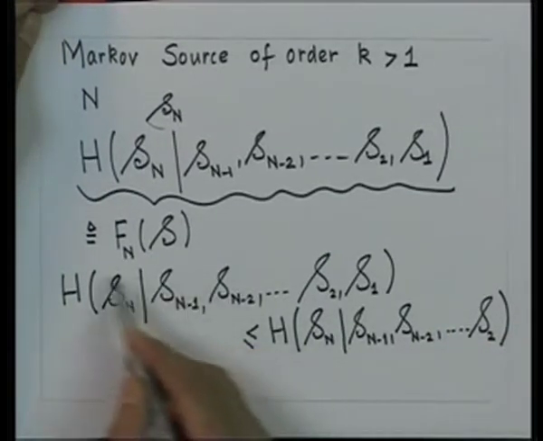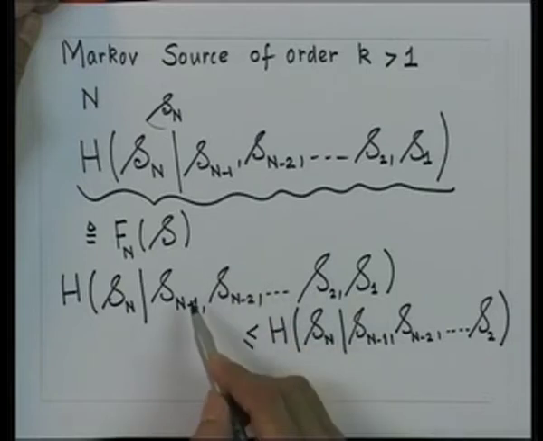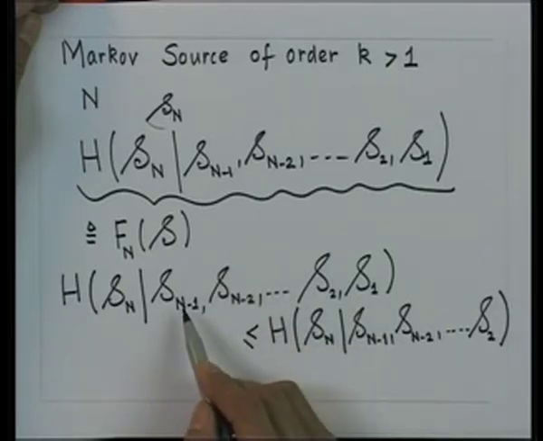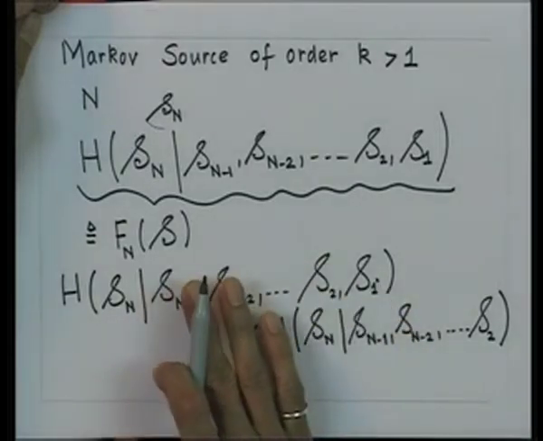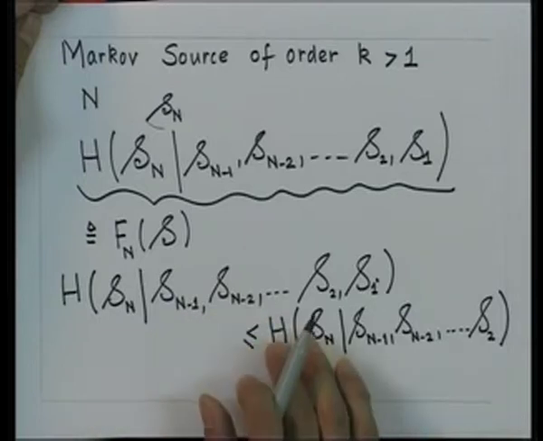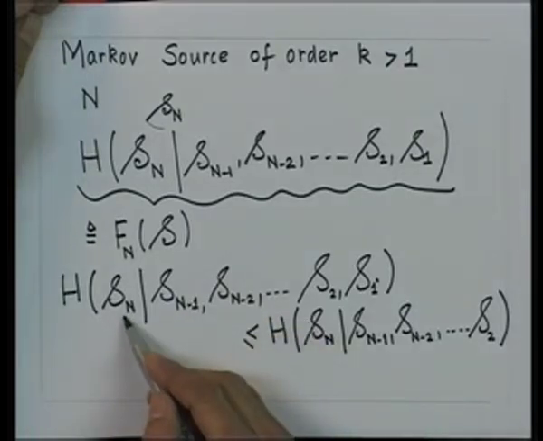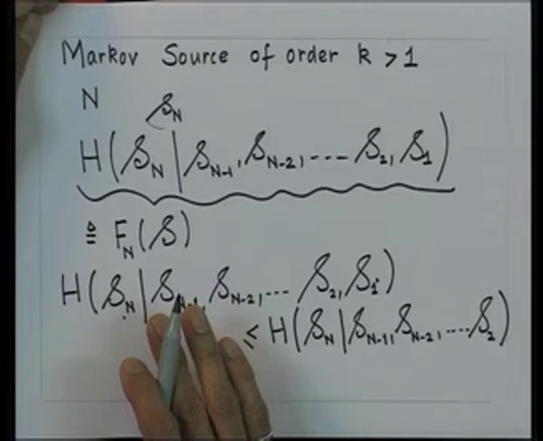What this relationship implies is that the knowledge that is delivered by the first symbol S1 cannot lead to an increase in the uncertainty about the nth symbol, but it will always decrease it or leave it unchanged. So, this is the significance of this expression.